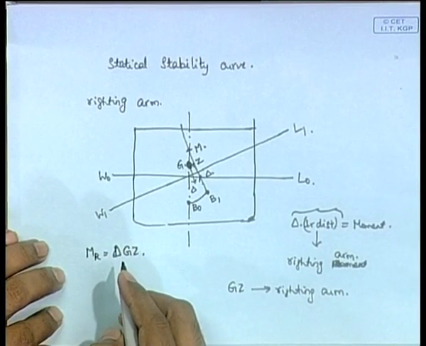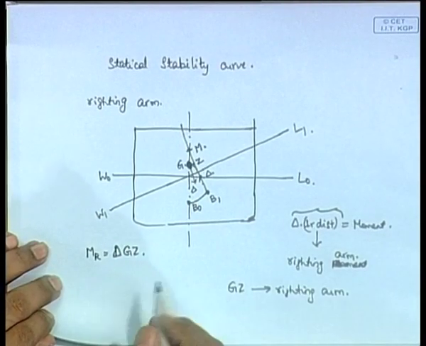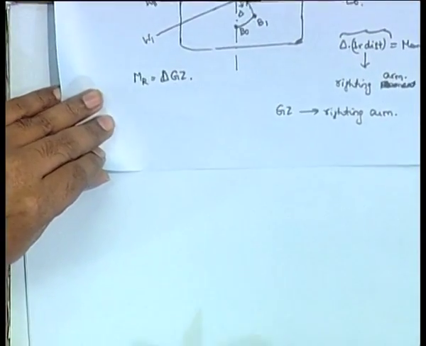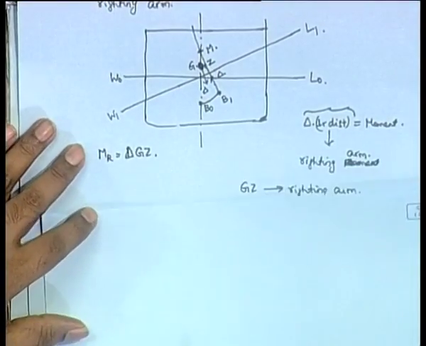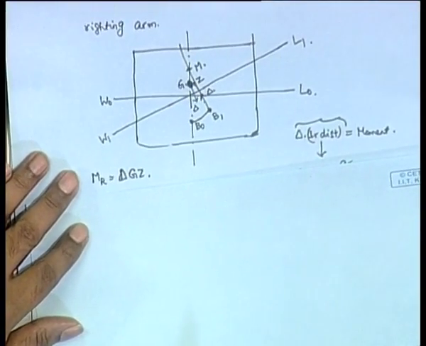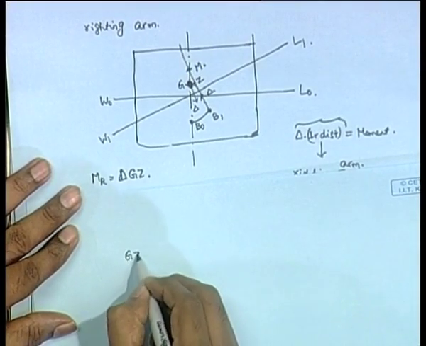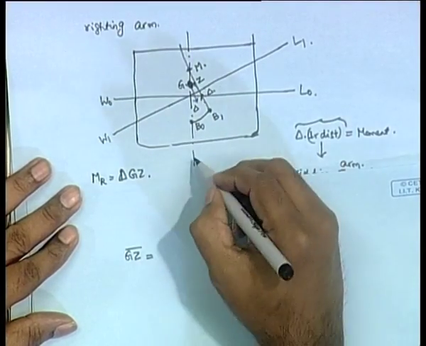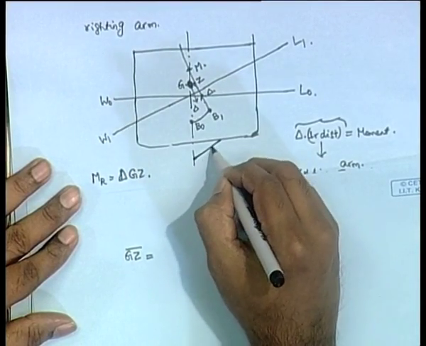Now, GZ, I will keep it here like this. And GZ from the figure you will see that GZ is equal to, this is perpendicular distance again, okay.